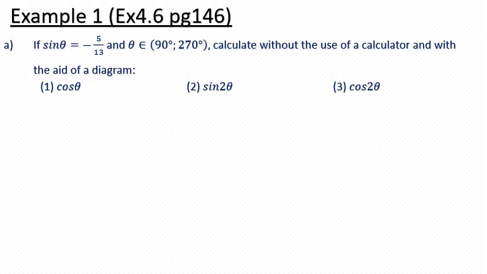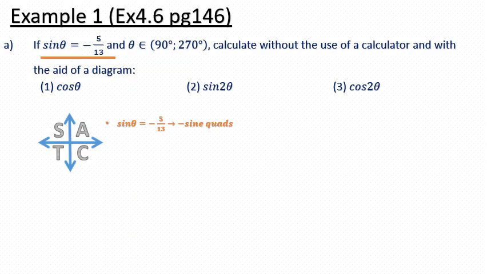Rightio. So once again, I said if and interval kind of question. That means we're going to need our cast diagram to help us decide in which quadrant we need to sketch a right angle triangle. Let's look at the first piece of information we've been given. Sine theta is negative 5 over 13. Now in the previous slide, I said take note of that sign.